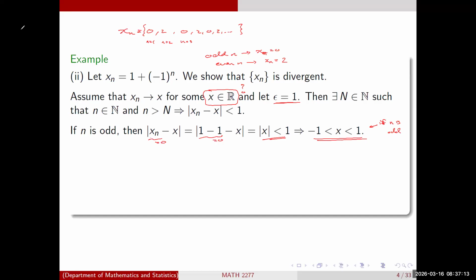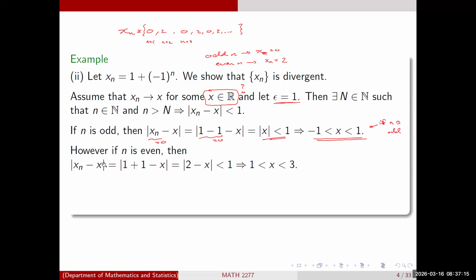Okay, let's see what happens if I say n is even. Right? If n now is even, then we know that this term is equal to 2. Right? This is equal to 2. So I get the modulus of 2 minus x is less than 1. Right? And of course, you all know that that means that 2 minus x is between plus 1 and minus 1.